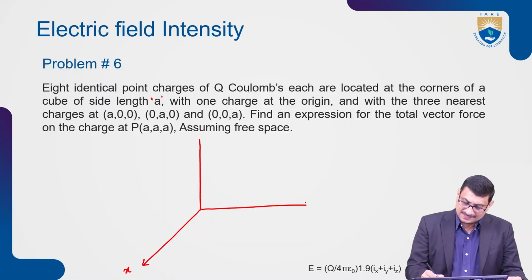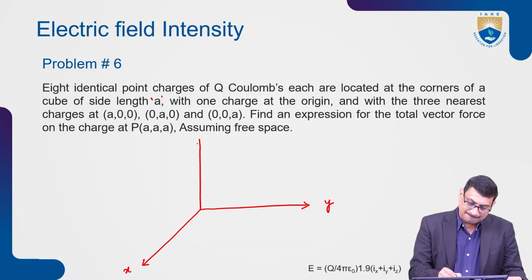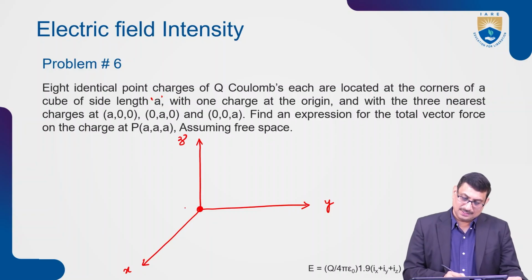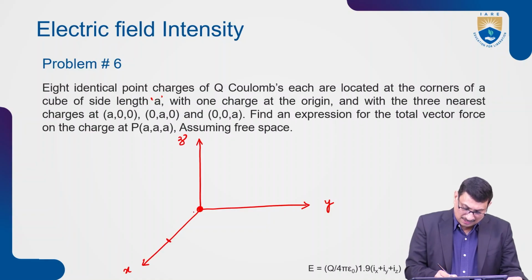This is the x-axis, y-axis and this is the z-axis. One charge is at the origin, and assume that this is a meters on the x-axis. Therefore, this point becomes a, 0, 0.